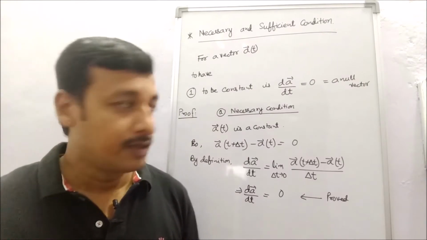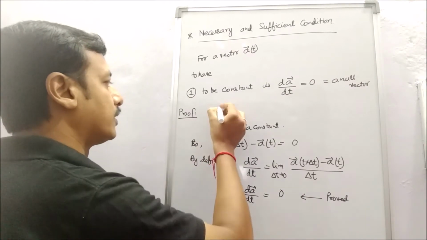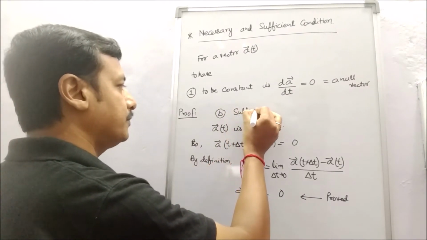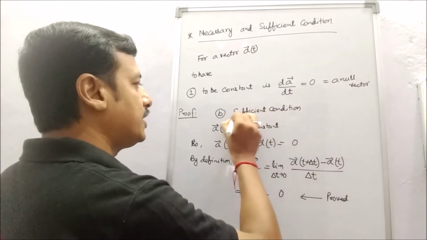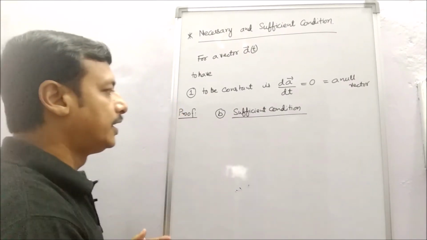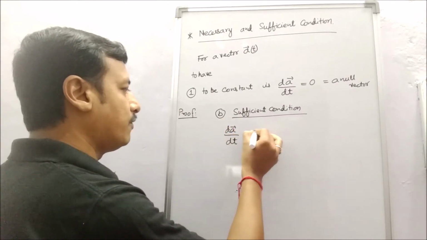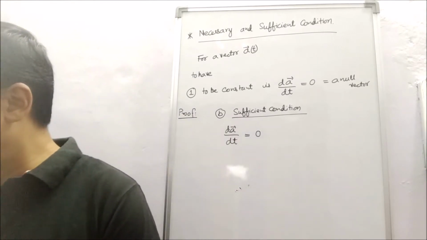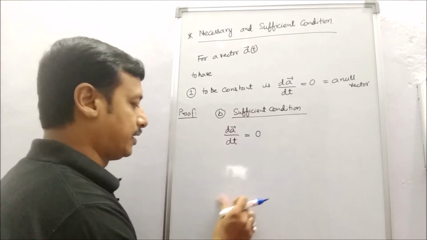Now in number B, the sufficient condition, we have dA by dt is equal to 0. That is, the derivative of A is 0 and we are going to prove that it is a constant vector.